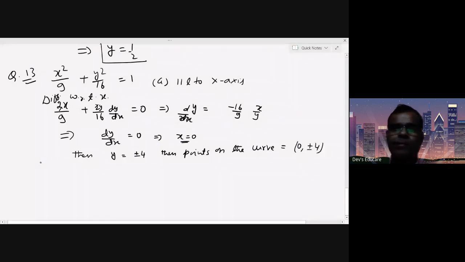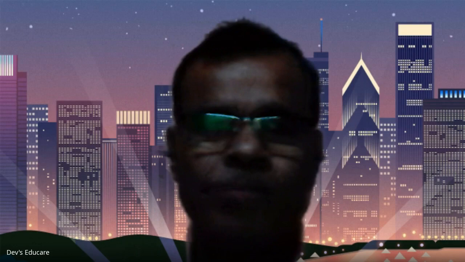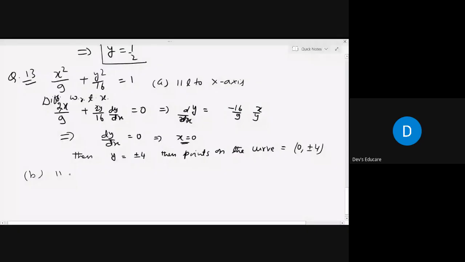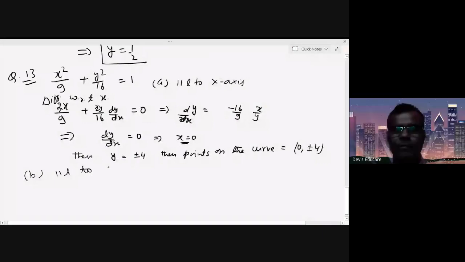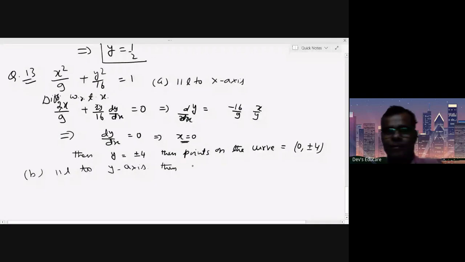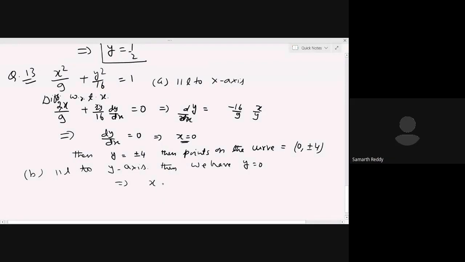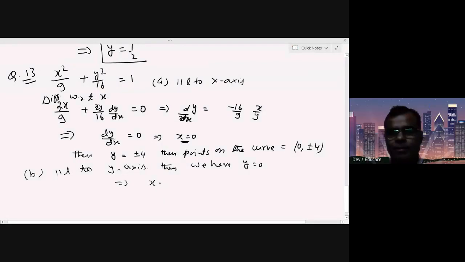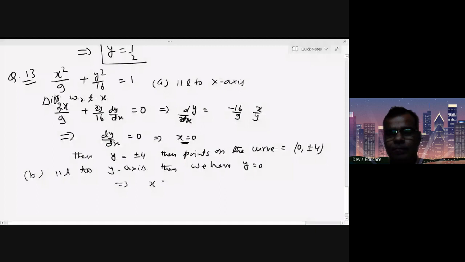And if it is parallel to the y-axis, then we have y equals 0, which gives x squared equals 9, so x equals plus minus 3.